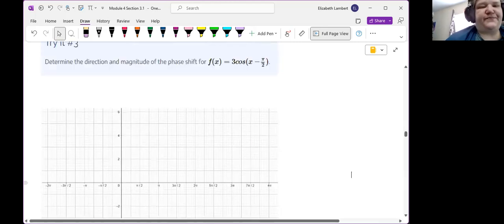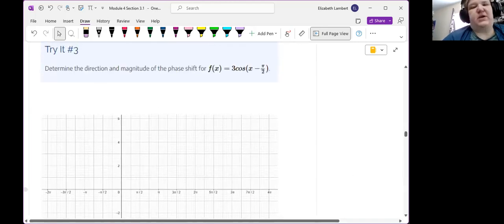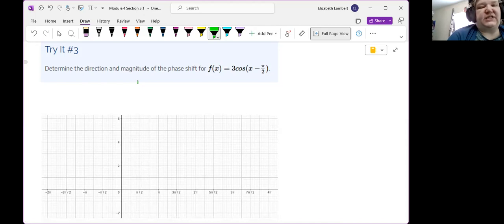All right. So let's graph this one, and then I'll cut the video and go to a whole bunch of other graphs, like more sine and cosine. All right. So this says determine the direction and magnitude of the phase shift. All right, so we have x minus pi over 2. Minus pi over 2 looks like left, because that's where our negative numbers are, but the inside lies.